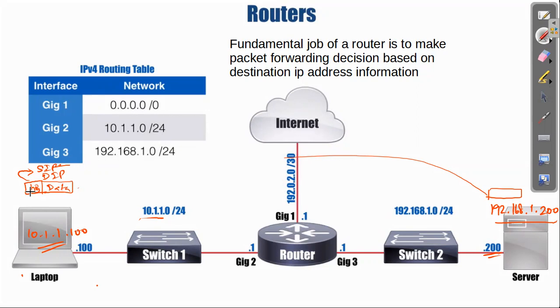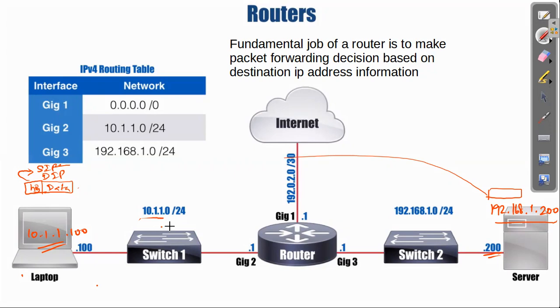Now the packet is created. Now it has to send the packet. How can it send the packet? To send the packet, it has to create the frame as well. Why? Because there is a layer 2 device here.